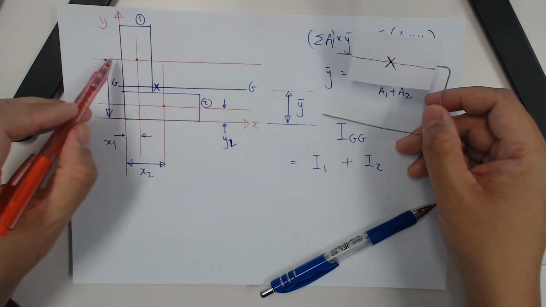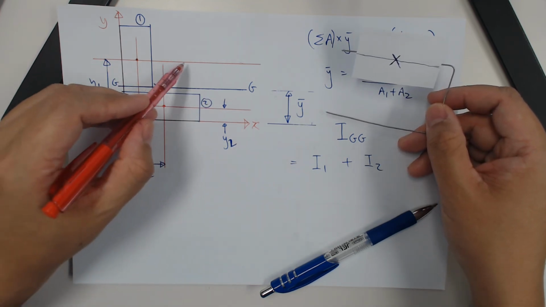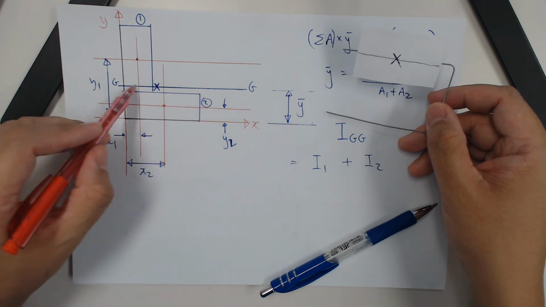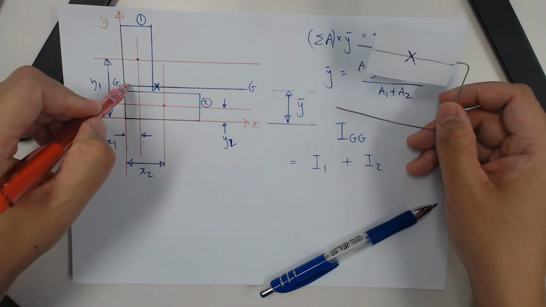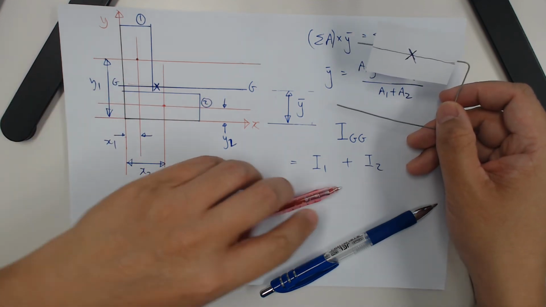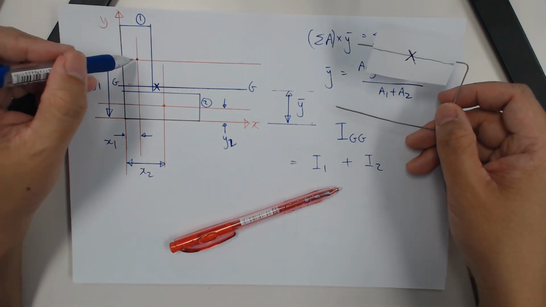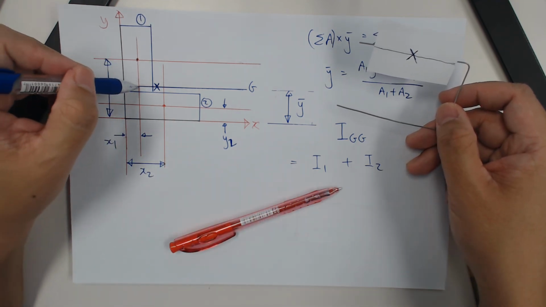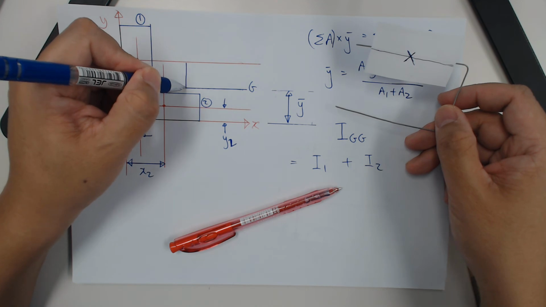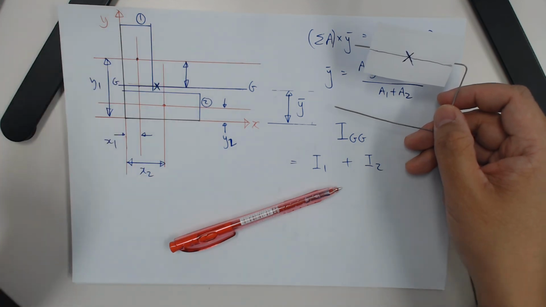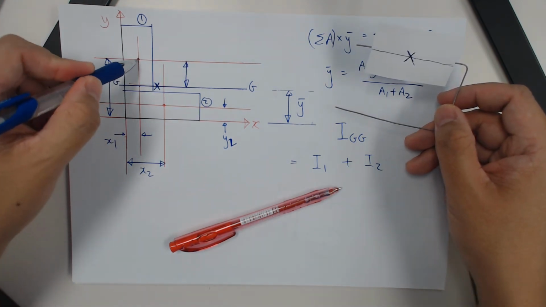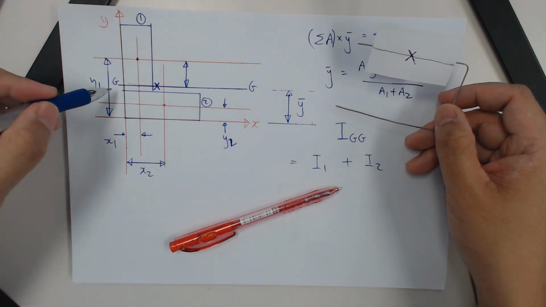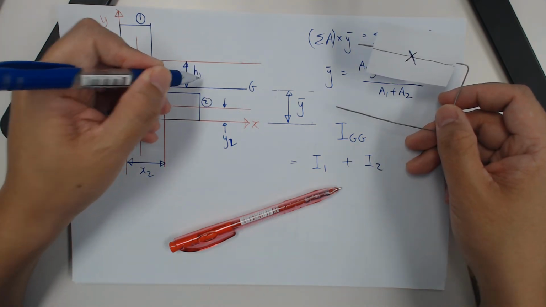But I1 now is not rotating here, it's rotating here. So we need to find the A h squared term. The h is how far away its centroid is from the whole shape centroid. So it is this distance here, how far away you are from GG. We call it h1.